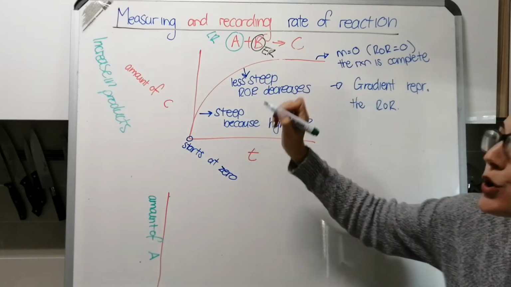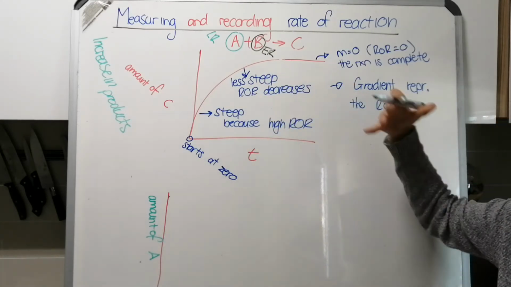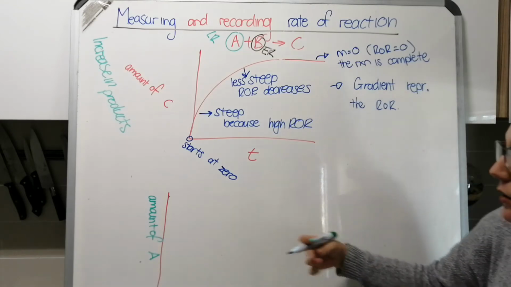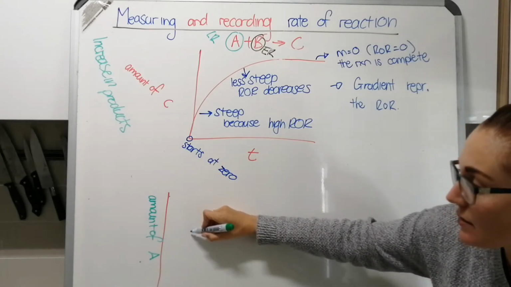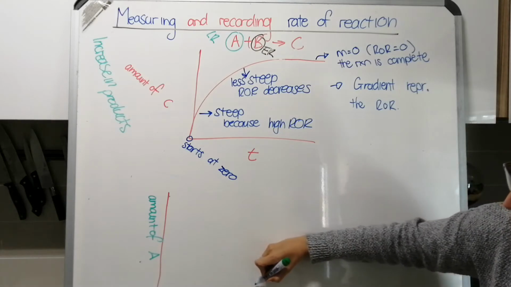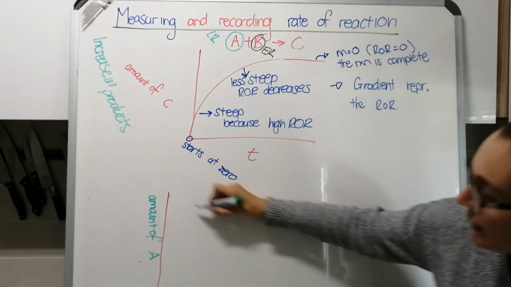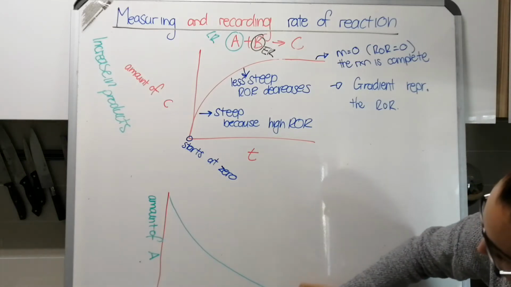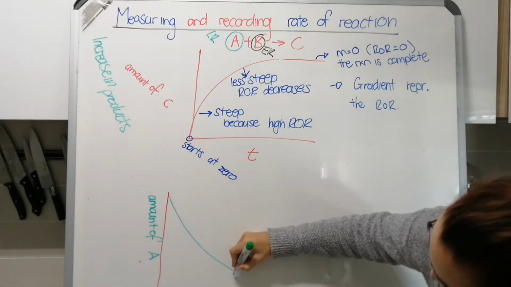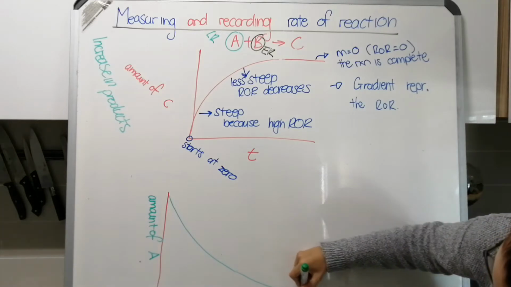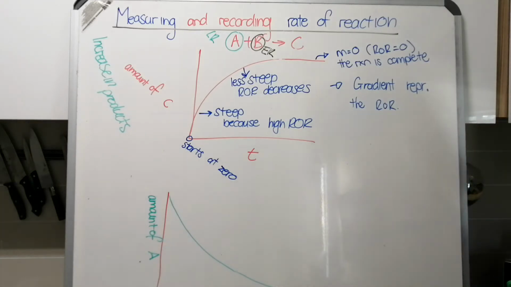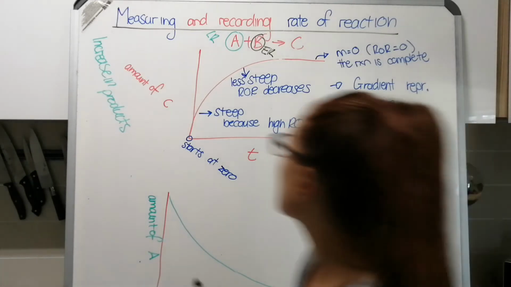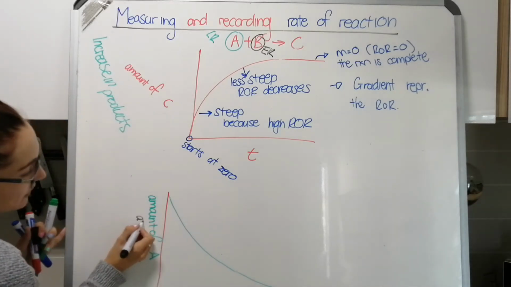It's going to decrease rapidly at first, and then as the rate of reaction slows down, the decrease in the amount of A will flatten out. Okay, so you're going to see a shape that's something like, oh my goodness, that was terrible. Something like that, where it will flatten out. Okay, and then the amount of B, if we do B on the same graph.